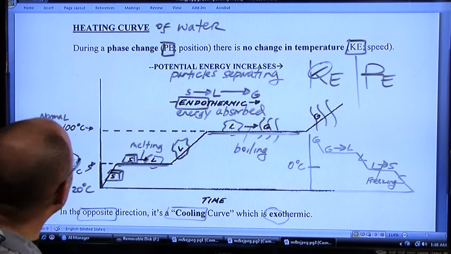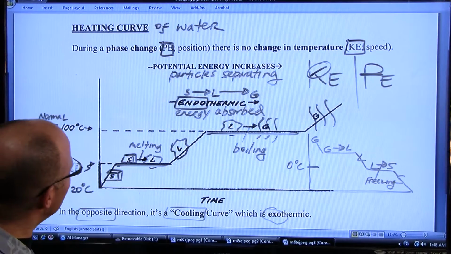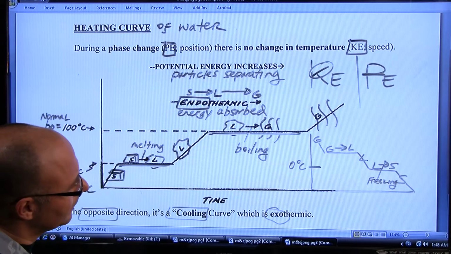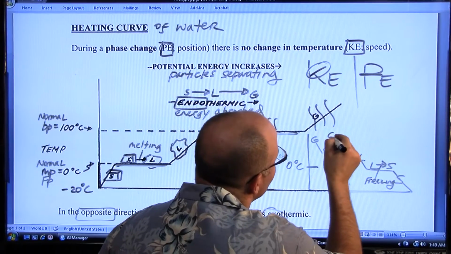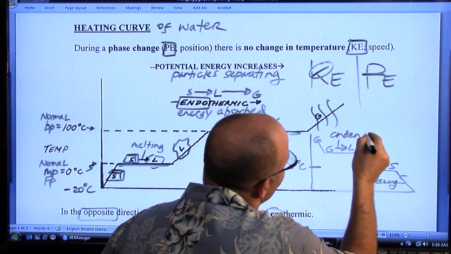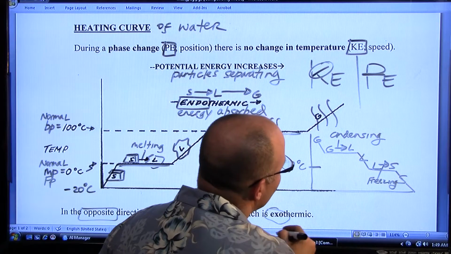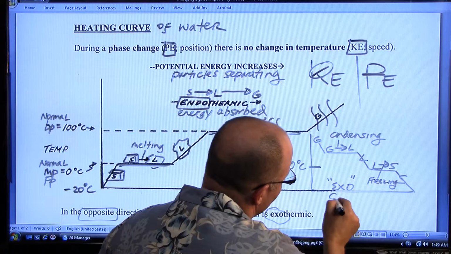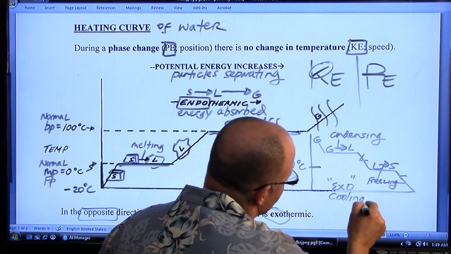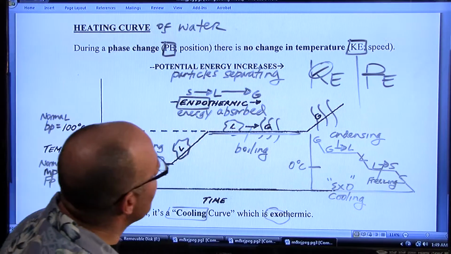And the opposite of the boiling point would be the condensation point, but that's never asked. All right, let's label this as condensing. So the cooling curve is exothermic, because energy is being released by the substance to its surroundings.